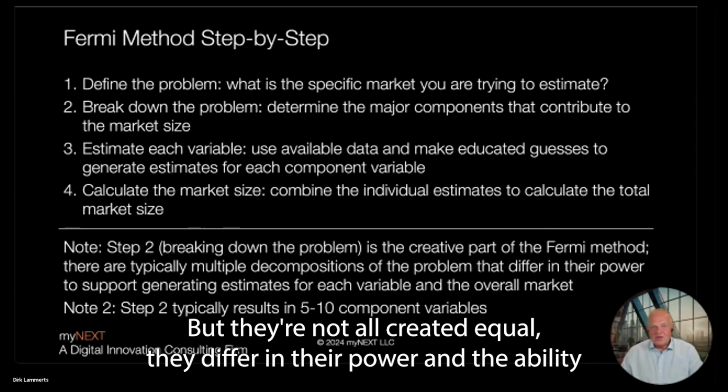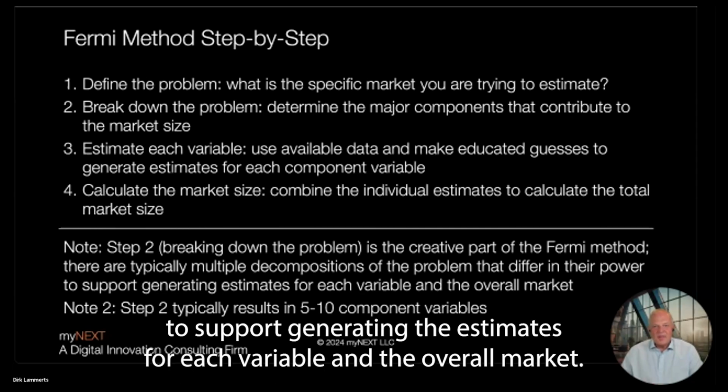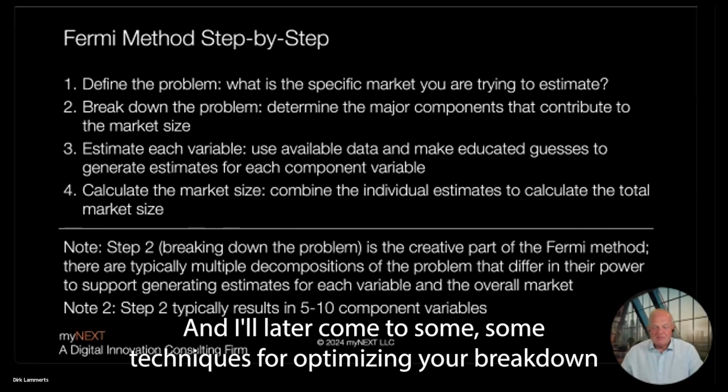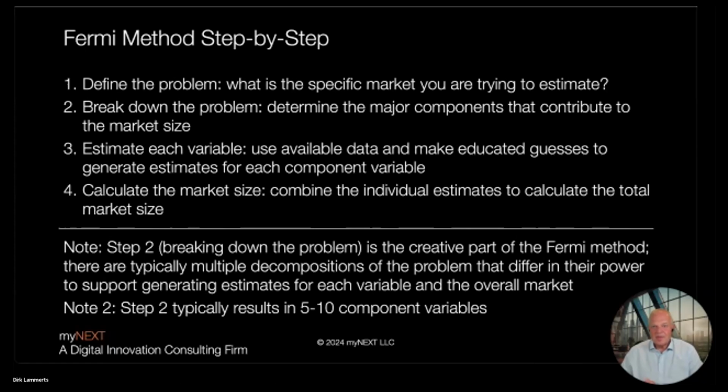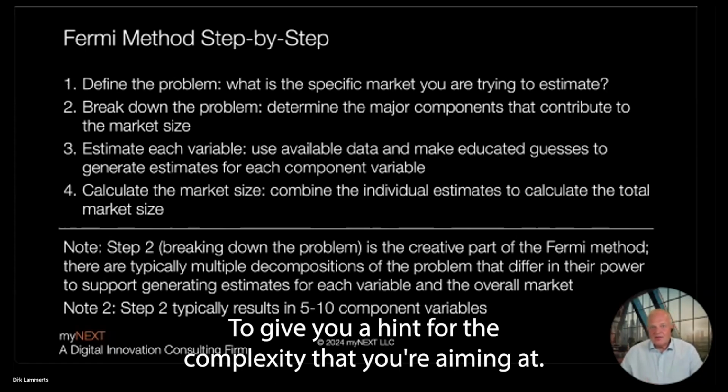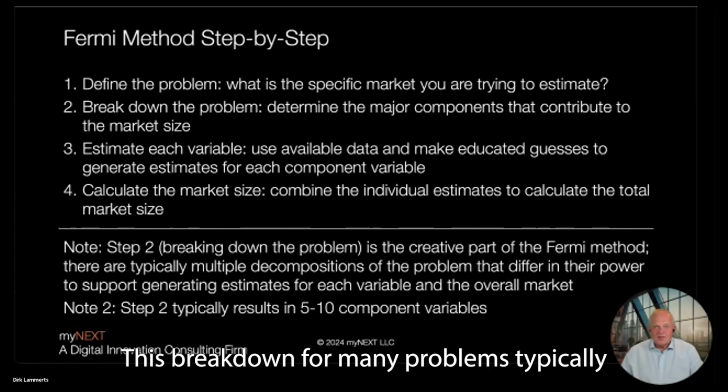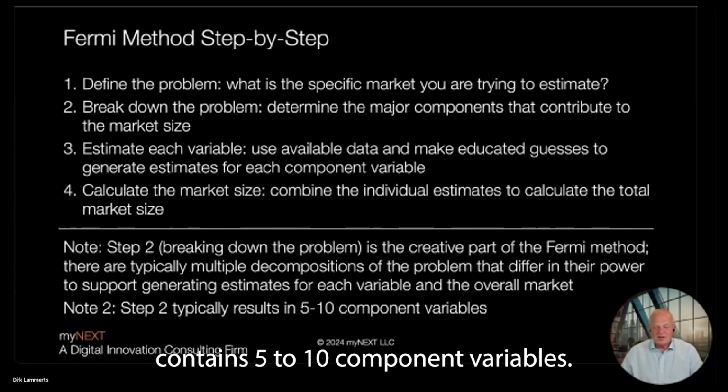They differ in their power and their ability to support generating the estimates for each variable and the overall market. I'll later come to some techniques for optimizing your breakdown and what represents a good breakdown versus a not so good breakdown. To give you a hint for the complexity that you're aiming at, this breakdown for many problems typically contains 5 to 10 component variables.